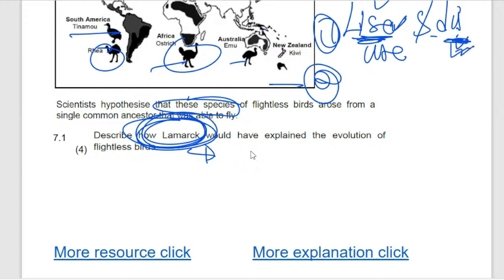Frequently, the trunks became bigger. And then they passed this character of big, long trunks to the next generation. That's now the inheritance of the acquired character. Don't just tell me that they passed the character to the next generation. Which character? They passed the character of big trunks. In the earlier case, they passed the character of not being able to fly to the next generation.